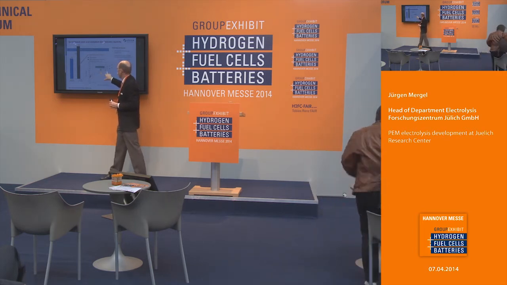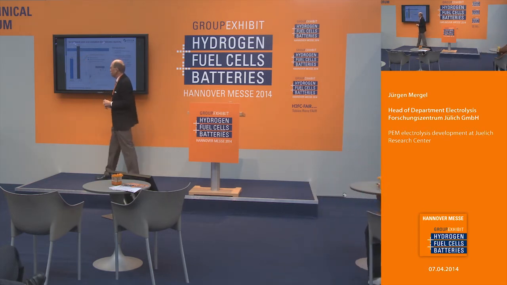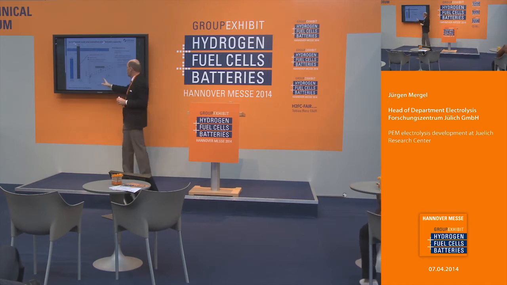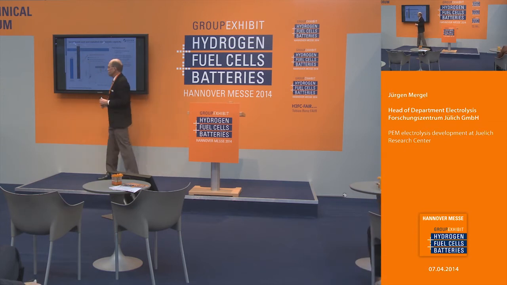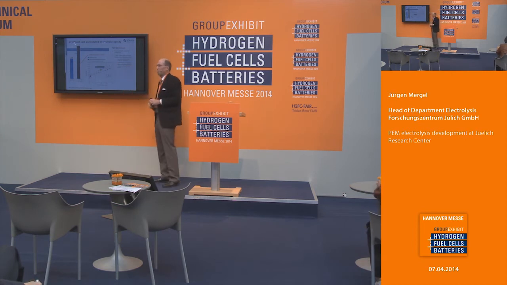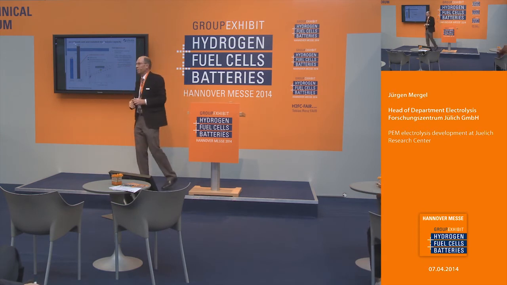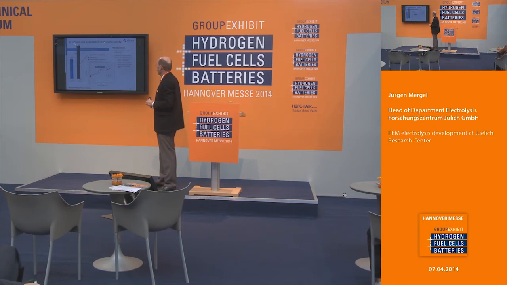And if you calculate, therefore, the investment costs, so you have only 50% of the expected current density, the investment costs will go up to 2,500 euros per kilowatt installed capacity. But, next slide.